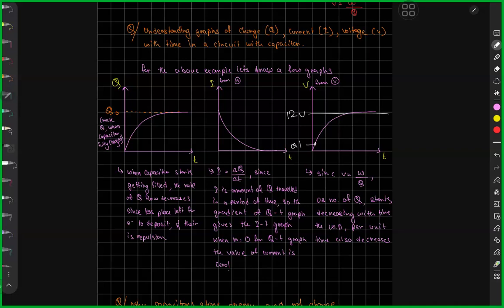And then when the next coulomb of charge goes, it feels, let's say, 2 volt of potential difference. So more work is done on that 1 coulomb. Next, when the next 1 coulomb goes, it feels 3 volt. It does more work on the next 1 coulomb of charge.